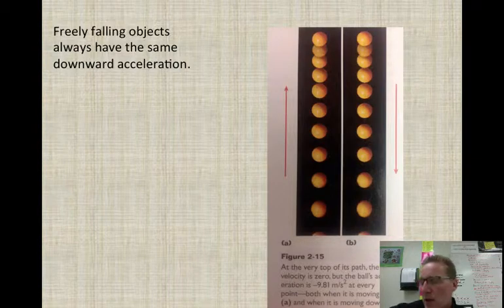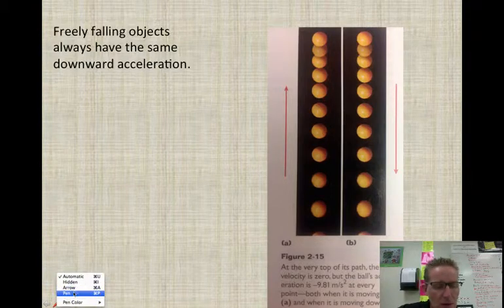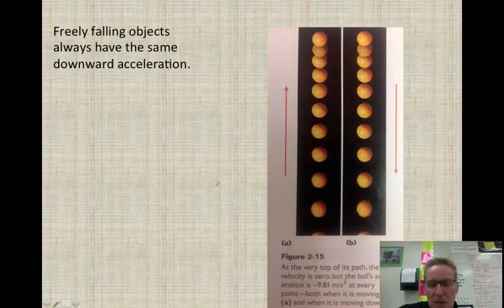Looking at a set of images similar to the picture we just looked at, with the same time frame in between each, as the object is going up, its velocity is positive. However, the acceleration is negative as it goes up. That's why we see smaller and smaller spaces in between each one.